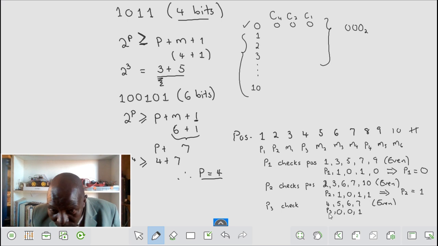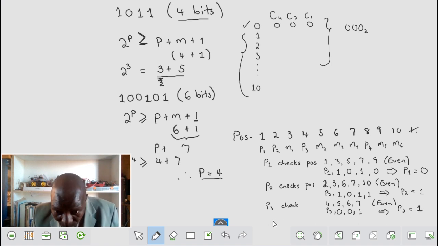So if you look at that, P3 covers 5, 6, 7: M2, M3, M4. There's only one 1. What must P3 do? Make sure there's an even number of ones. There's only one, so make it even.